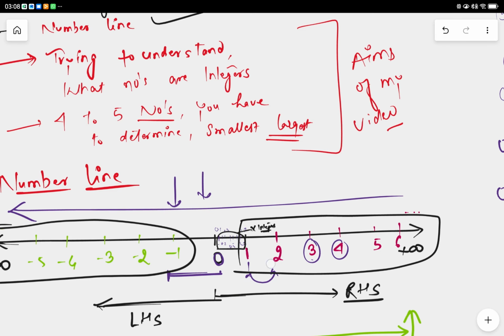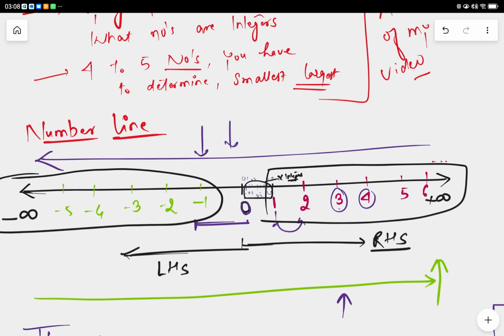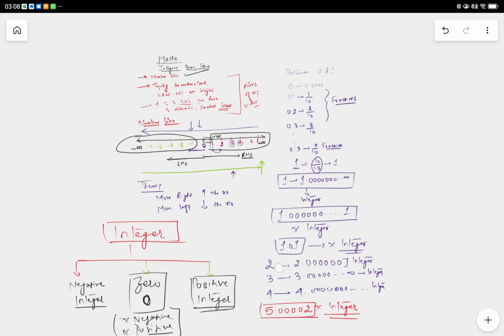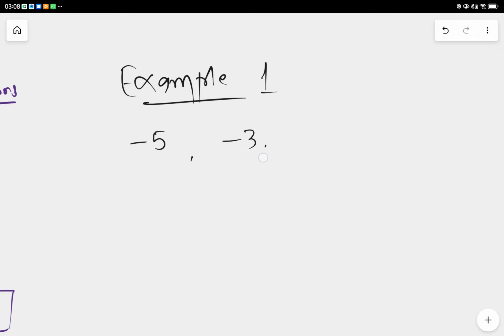Now the third aim is, if I give you 4 to 5 numbers, whether you can determine which is the smallest or largest. Let us understand by an example. Example number 1: you have been given -5, -3, -2, 4 and 6.